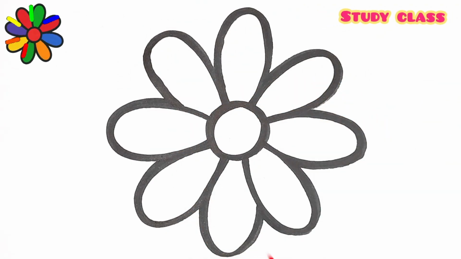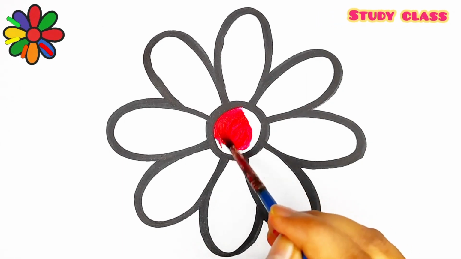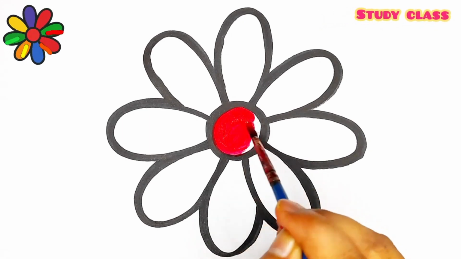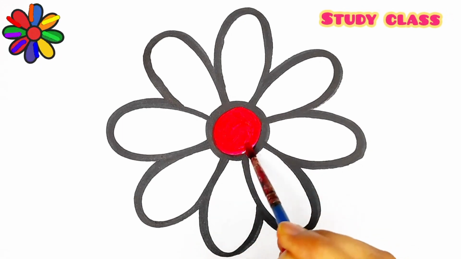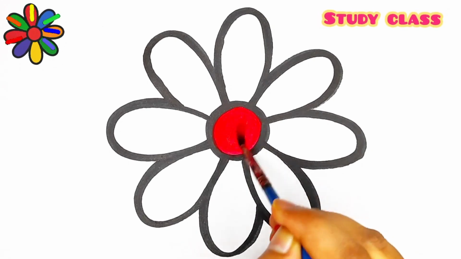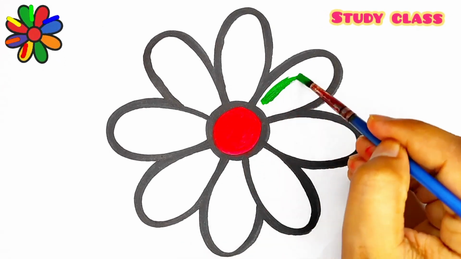Red color. Some flowers grow on trees, while others grow in the ground. Green color.